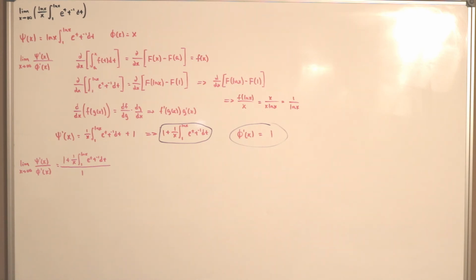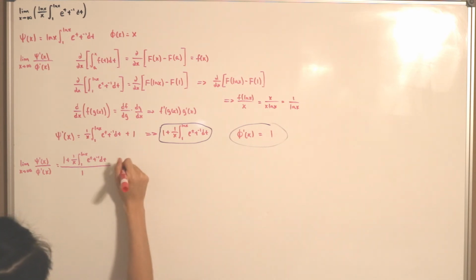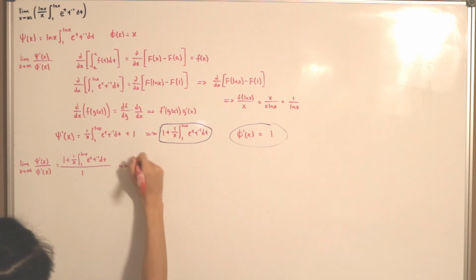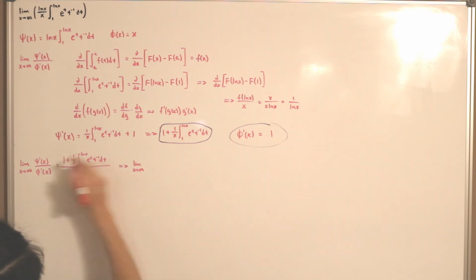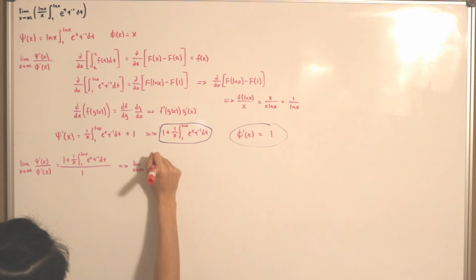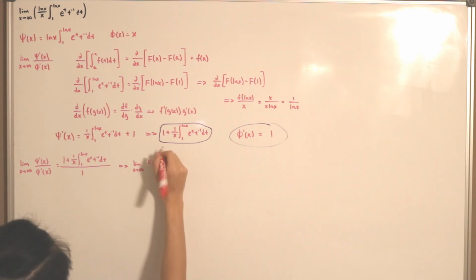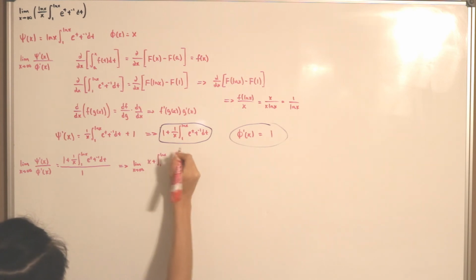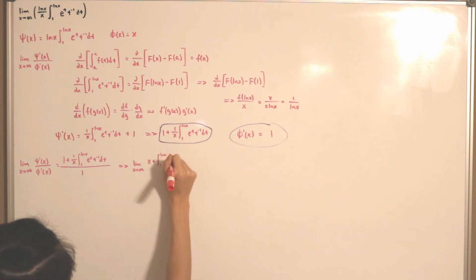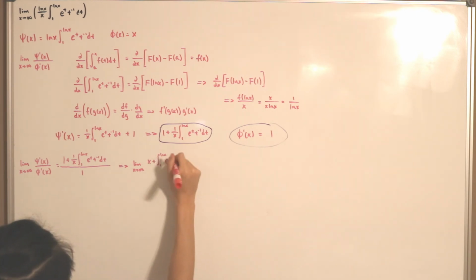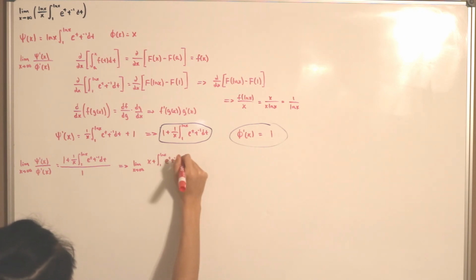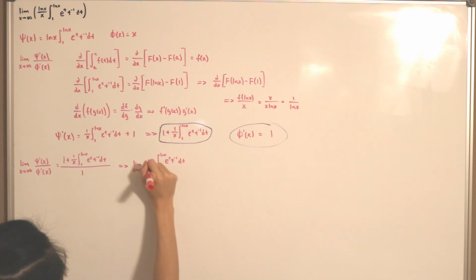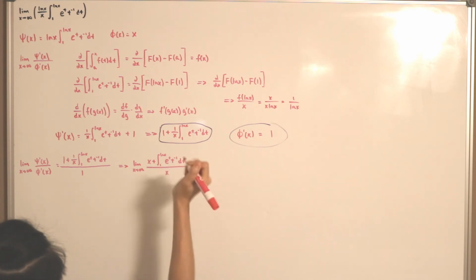Since they have the same denominator, I can move that denominator down. So the limit as x approaches infinity of x plus the integral from 1 to ln of x, e to the t times t to the -1 dt, divided by x.